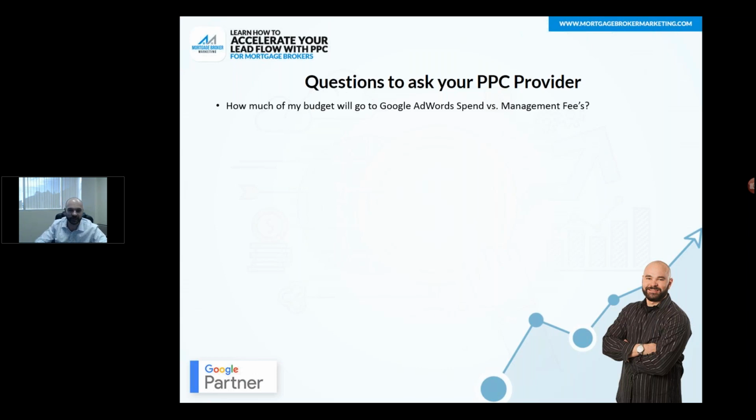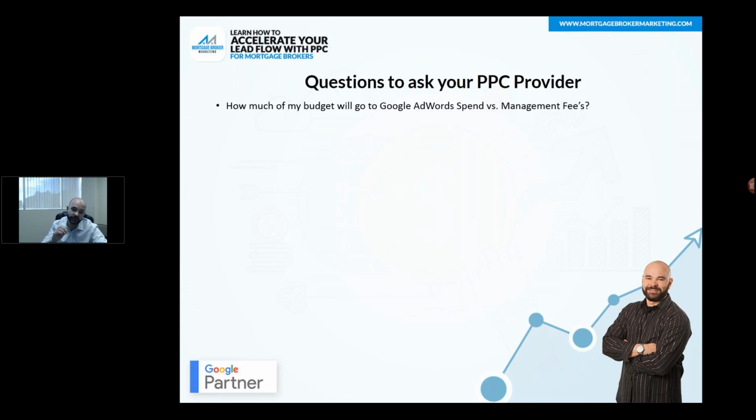If you're paying, which a lot of companies out there do, like Reach Local and Dex, I don't know how they do it, but they say you pay us $3,000, or you pay them $6,000, and you don't know how much is actually being spent on AdWords and how much is being spent on their management fee.